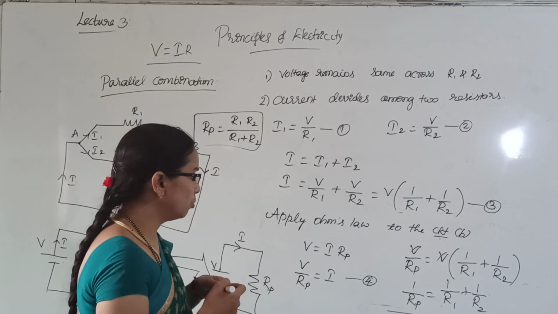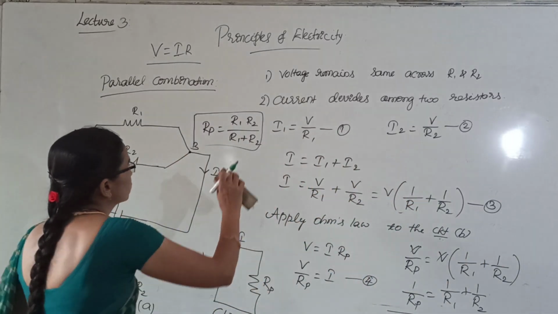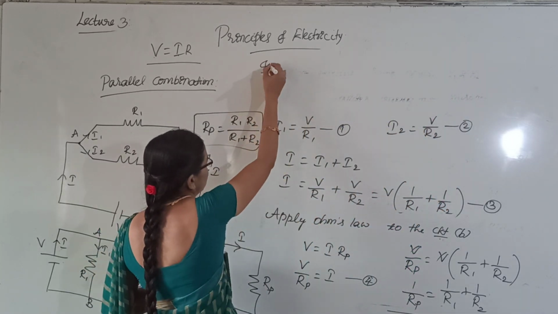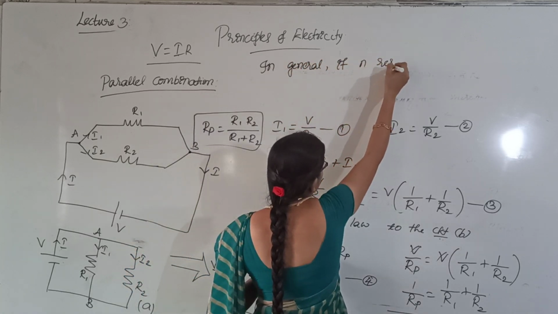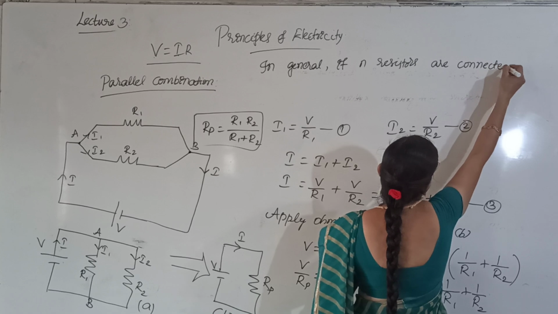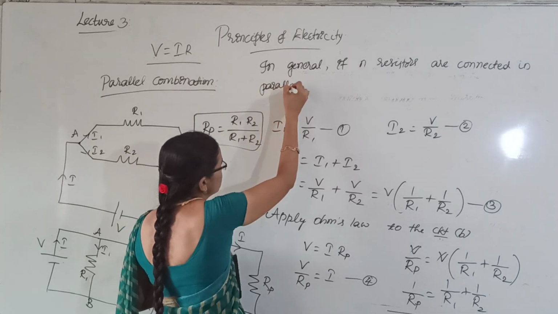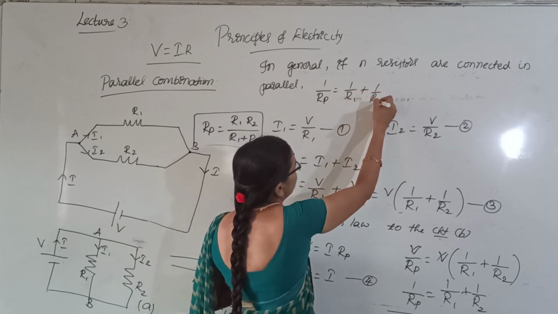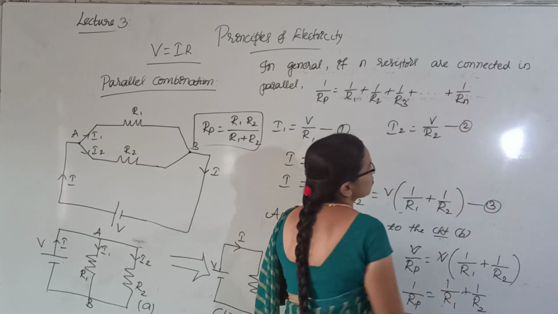Rn. In parallel combination, in general, if n resistors are connected in parallel, then 1 by RT is equal to 1 by R1 plus 1 by R2 plus 1 by R3 etc. 1 by Rn.